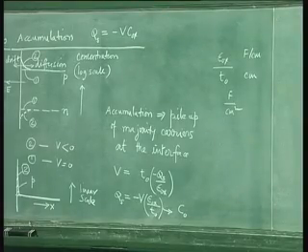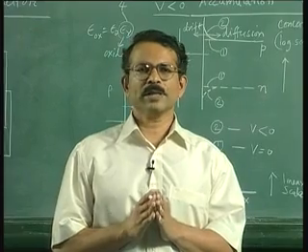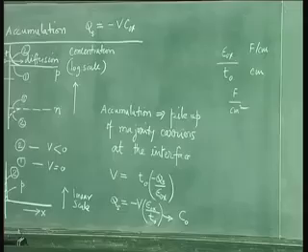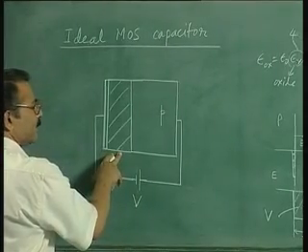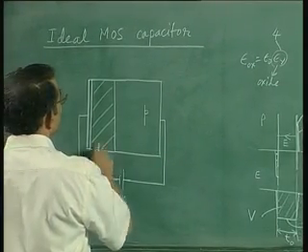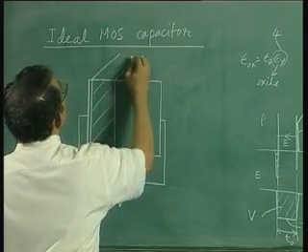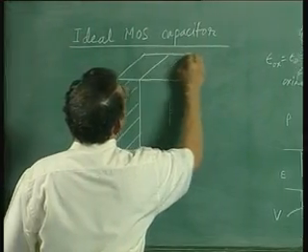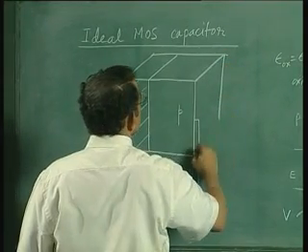Now we must clarify what is meant by the unit area. Students often have this difficulty. When you look at this capacitor, what is the unit area that we are talking about? Please note that the area that we are talking about is, if you take the 3D picture, this is how it will look.